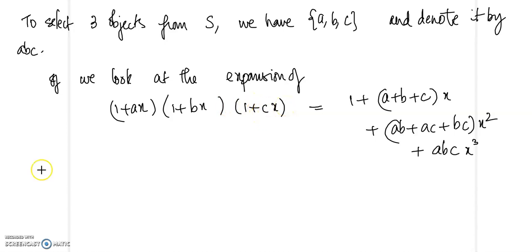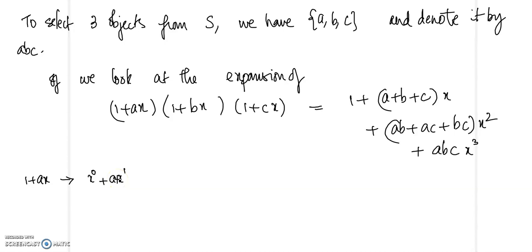When we write this 1 plus AX, I can write it in the form x raised to 0 plus A into x raised to 1. Here x raised to 0 means I am not selecting A, and x raised to 1 denotes that A is selected once.